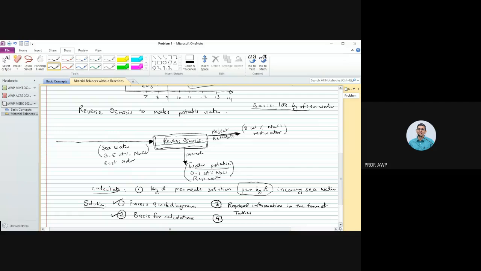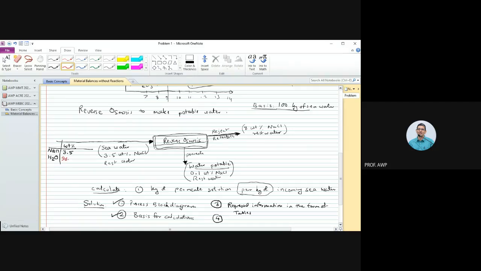So for example, this seawater, what is it going to contain? It is going to contain sodium chloride. It is going to contain water. What other information I have about this process is weight percent. 3.5 weight percent is sodium chloride. So what is the weight percent of water now? It is 100 minus 3.5%.